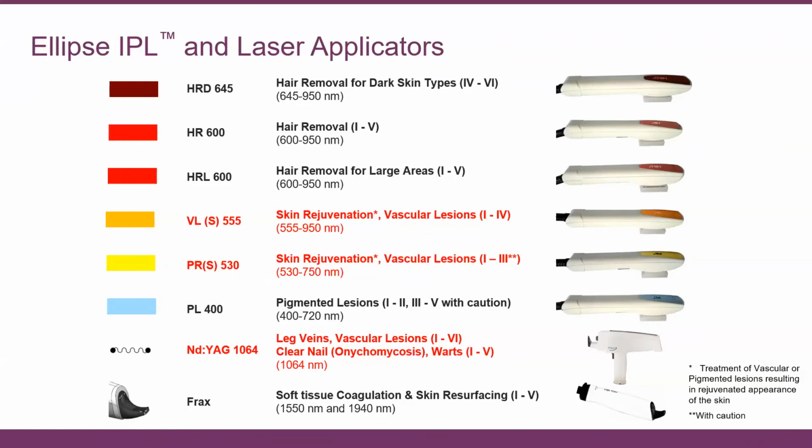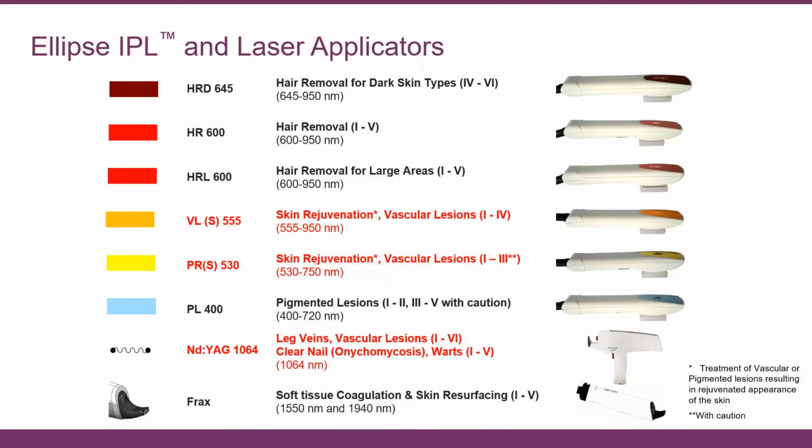So the absorption starts at 555 and goes to 950. The PR handpiece, which we call a 530, the absorption for this one starts slightly lower down the range at 530. So because that's a shorter wavelength, the absorption is going to be slightly more superficial in the tissue.